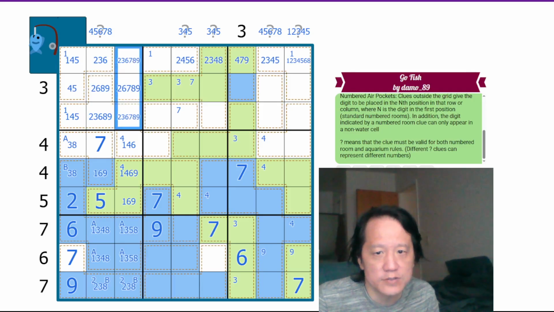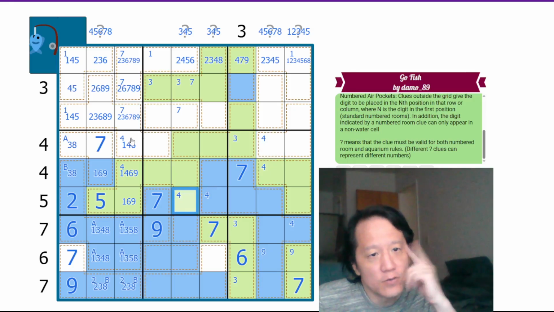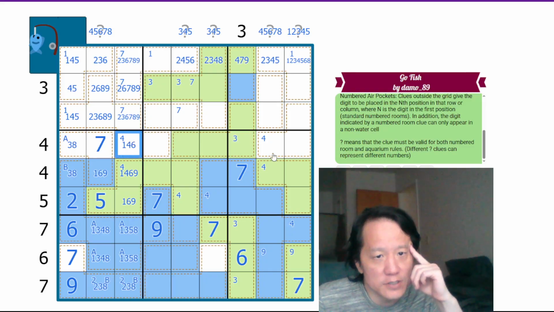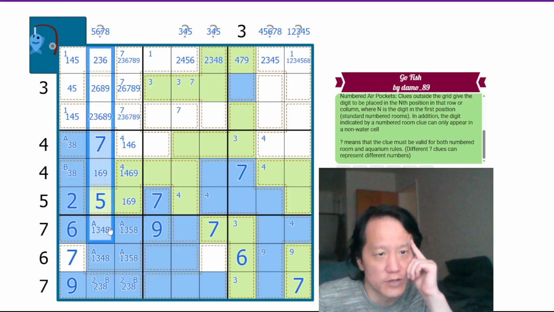So one of these three is a 7. We have a 4 guaranteed here or 4 guaranteed there. So either this is air or this is air, which means either that's air or that's air, which means these both have to be water. So this is at least 5 waters.